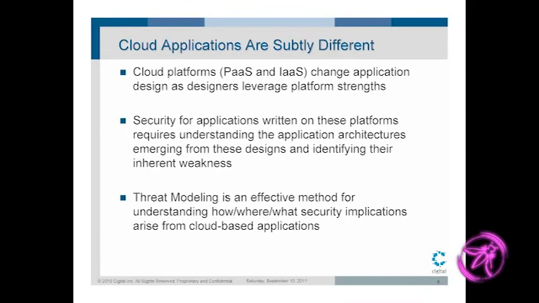So for us, the PaaS and IaaS cloud models are the most interesting. They are subtly different. When you start seeing applications built on a cloud architecture, think of it like an application built on Windows versus one built on Linux versus something built on a mainframe. Those are fundamentally different architectures.